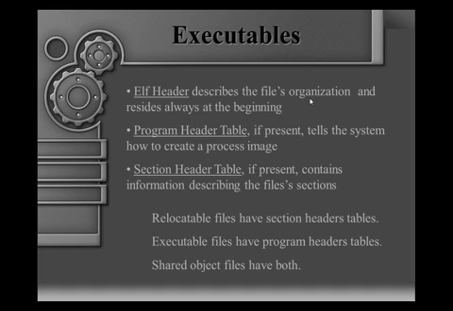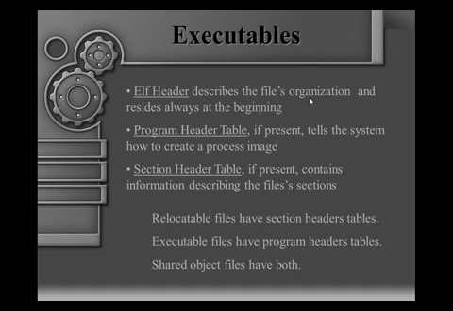Then next is your program header table, that if present tells the system how to create a process image. That is, the program header table is used to let the system know how to create a process image. Then next, the section header table, if present, contains the information describing the file sections. So there are multiple sections used for different tasks.